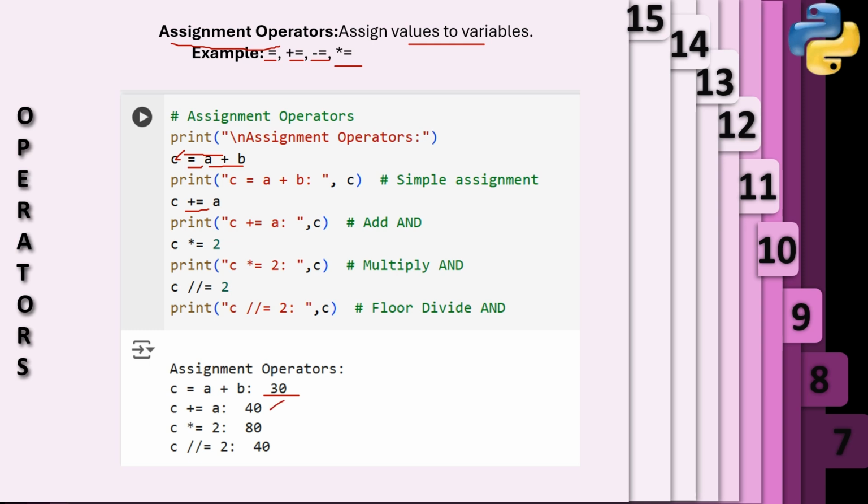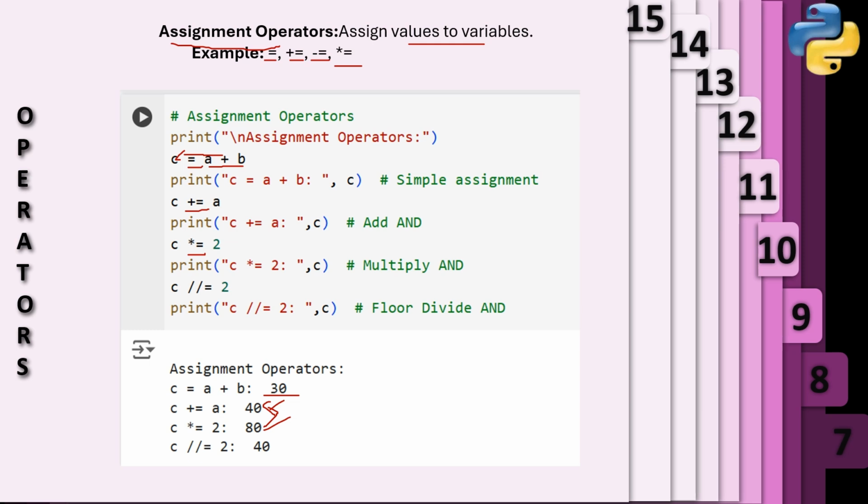Likewise, we perform multiply and assign, which gives 80. As in the previous step, C is updated, so we get 40 times 2, 80. We also have other operators such as divide and assign, modulus and assign, exponent and assign, floor division and assign. You can search in Google and refer to them.